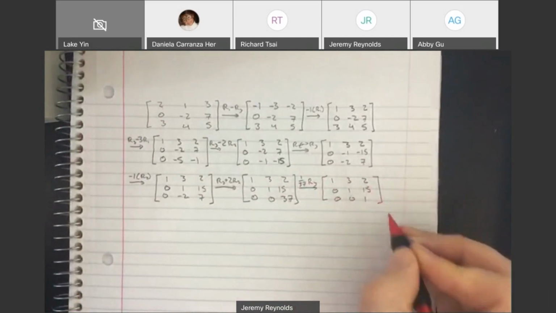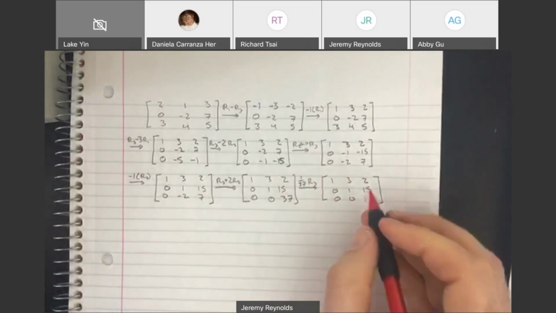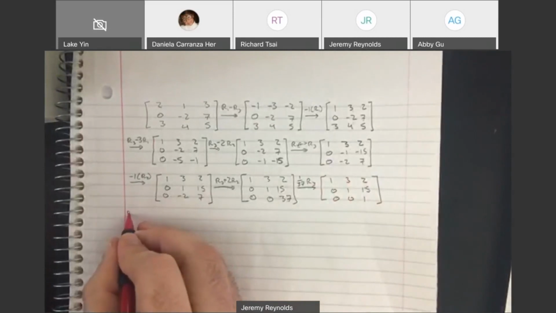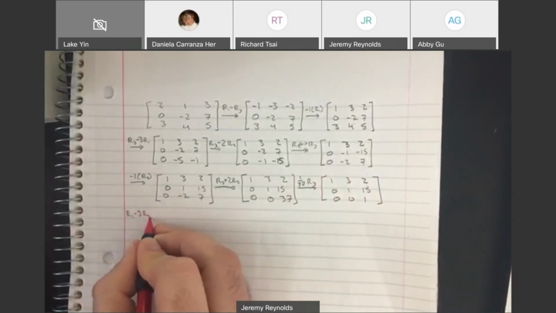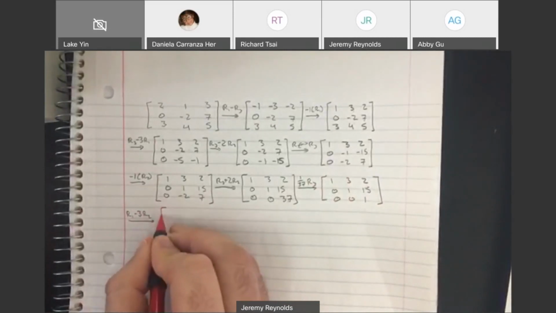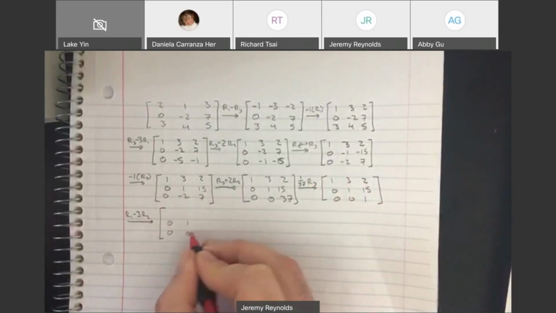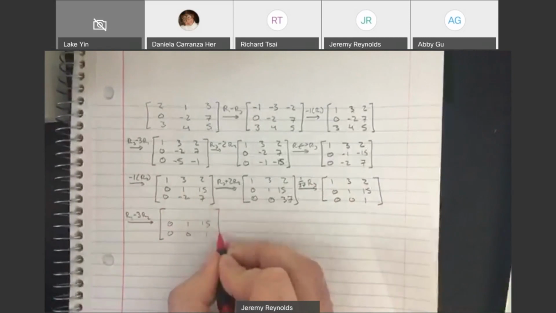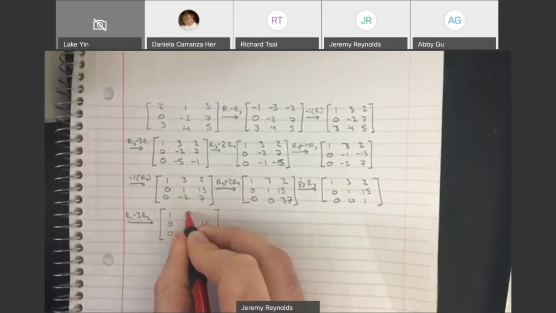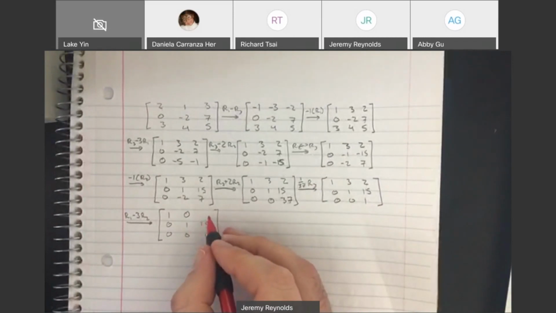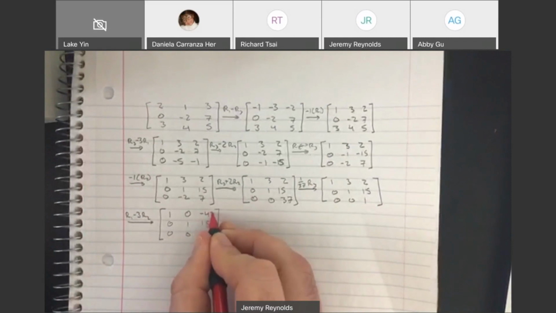And now, nice and easy. So let's go ahead and get rid of the remainder. So to get rid of the 3, let's do row 1 minus 3 row 2. And that will give us 2 and 3 will stay the same. 1, 0, and then 2 minus 3 times 15 will give us negative 43.